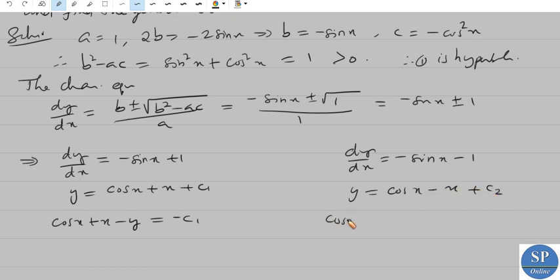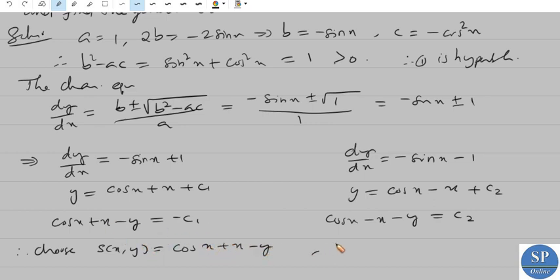So we have cos x minus y equal to c2. So we can choose our required new functions, s(x,y) equal to cos x plus x minus y, and t(x,y) equal to cos x minus y.